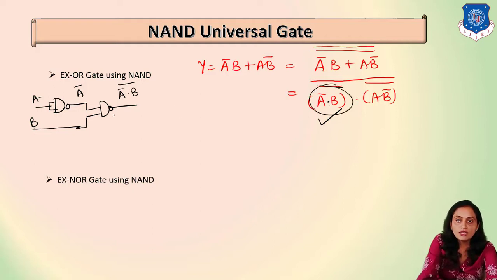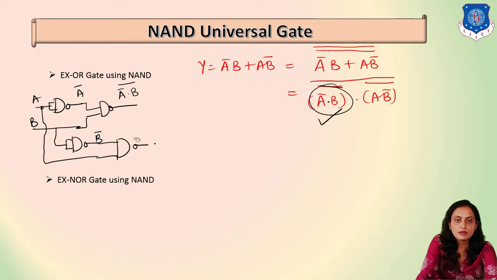Now I am having B bar. So I will put a NOT gate using NAND, this is giving me B bar. I will use this A and this B bar, I am putting this NAND, so A into B bar whole bar.